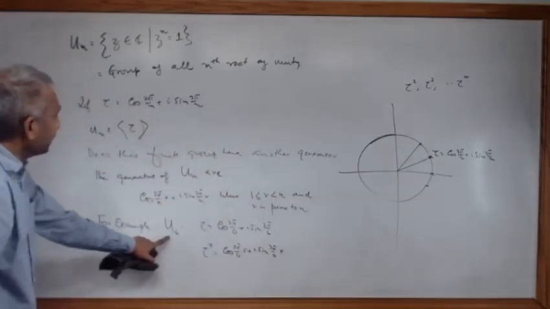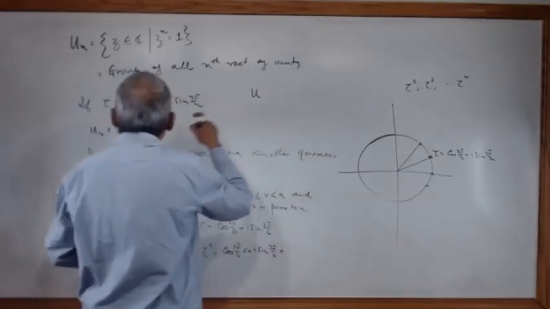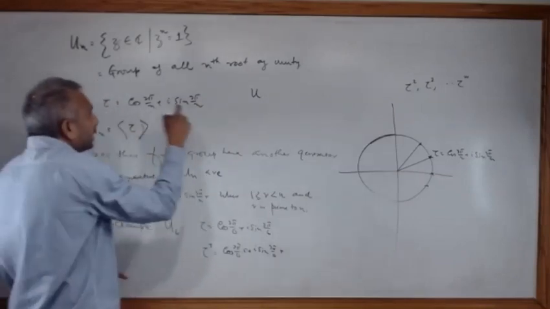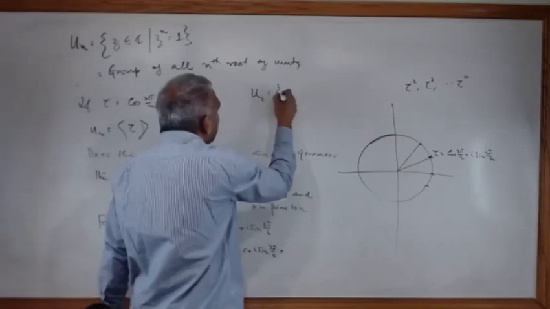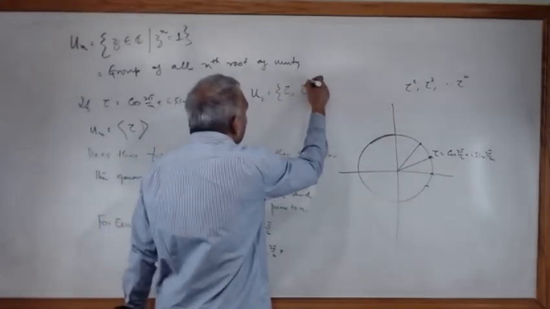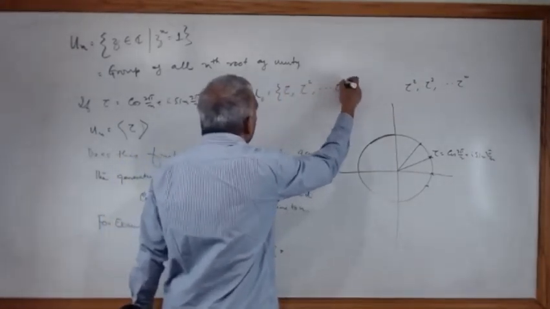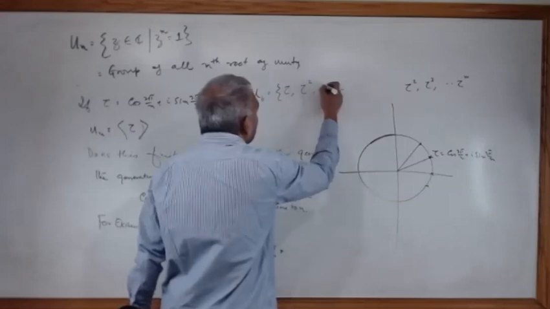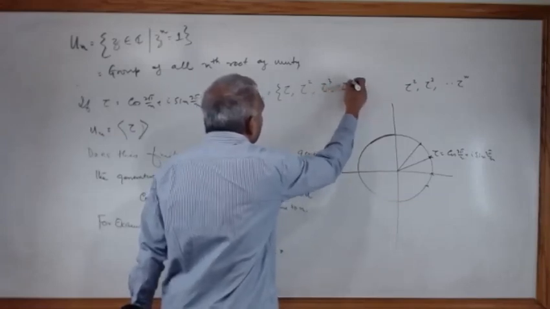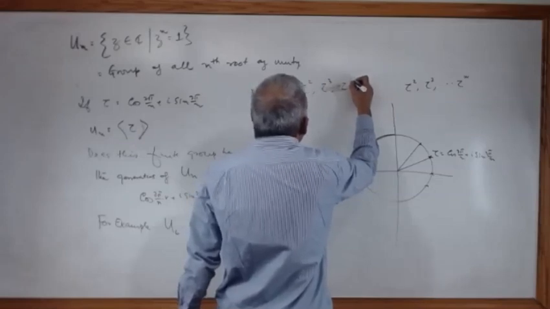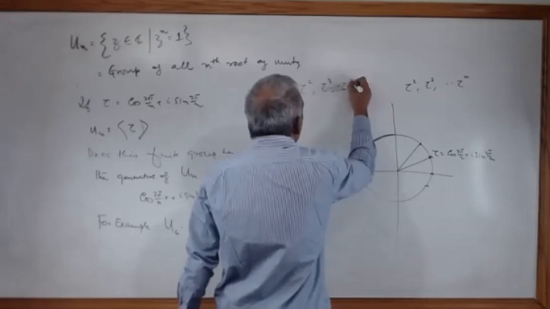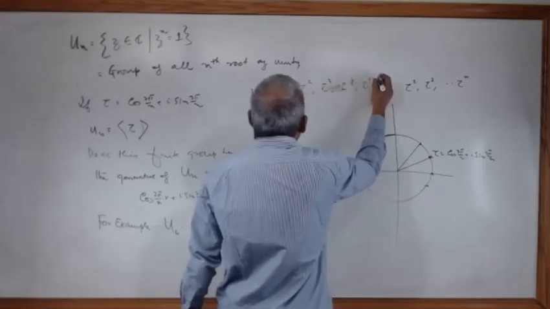See, the elements in U6, once you find the generator, are zeta, zeta square, zeta cube, zeta 4, zeta 5.